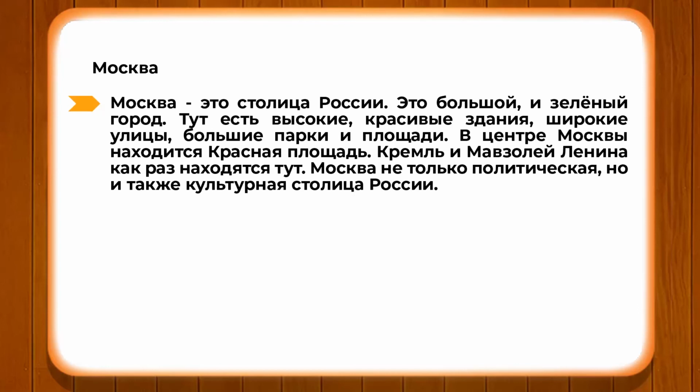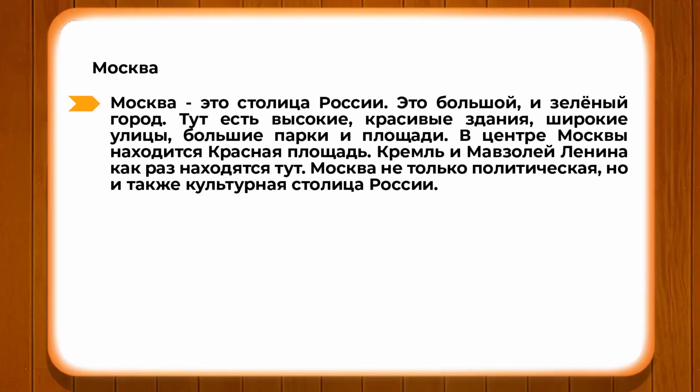Москва – это столица России. Это большой и зеленый город. Тут есть высокие, красивые здания, широкие улицы, большие парки и площади. В центре Москвы находится Красная площадь, Кремль и мавзолей Ленина. Как раз находится тут.